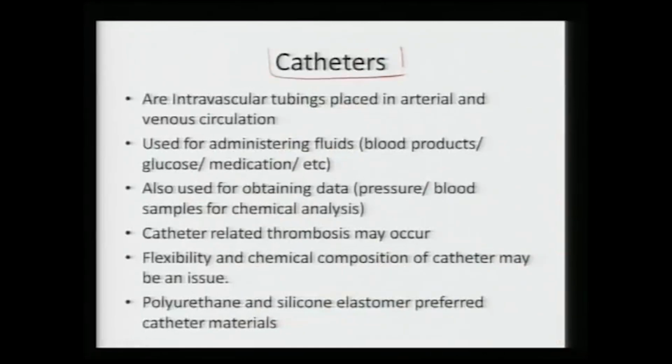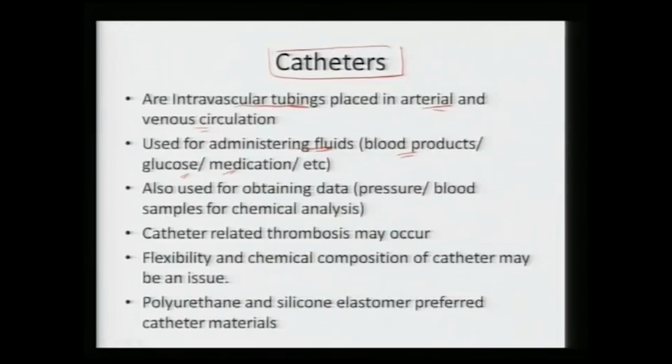And there is another class which is called catheters. These are nothing but intravascular tubings which are placed either in the arterial or the venous circulation. These catheters are the tubings which are basically required for administering fluids. In certain cases when a surgery is done, we need to introduce blood products, glucose or medication, and these catheters come to our rescue.